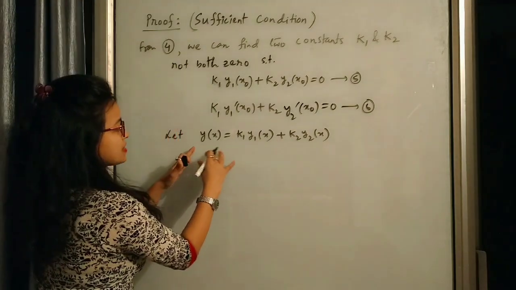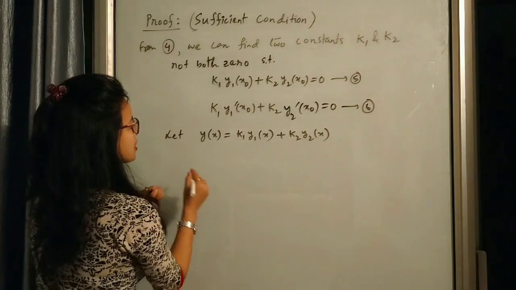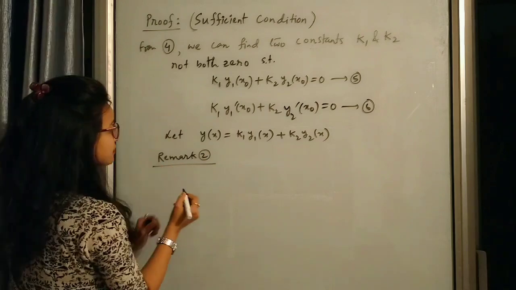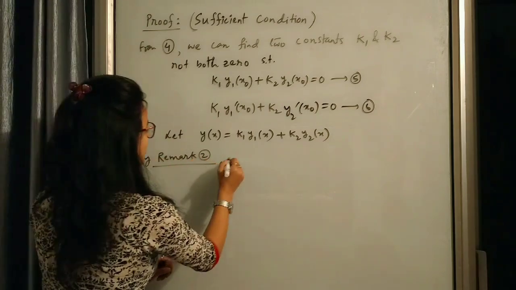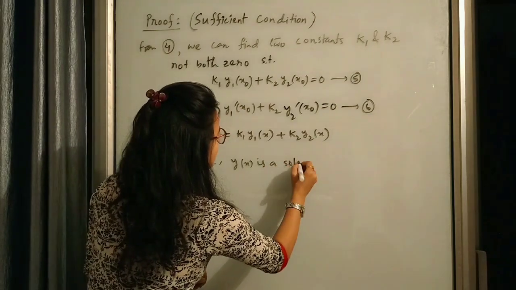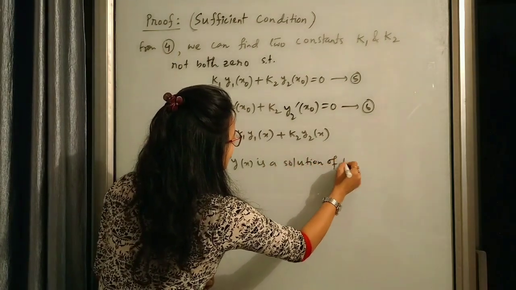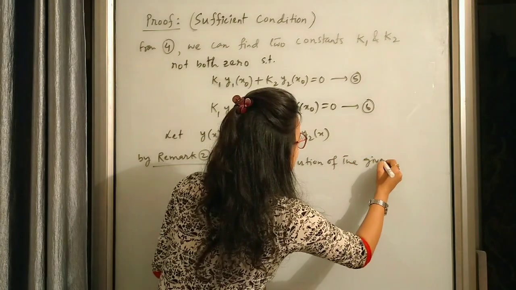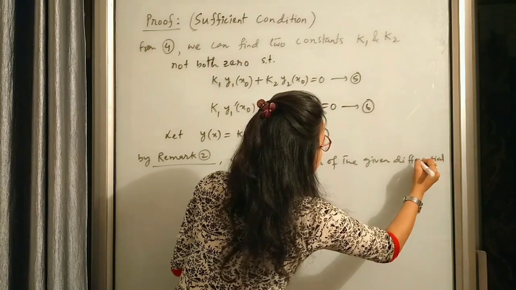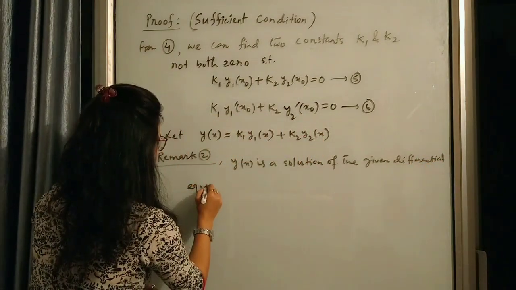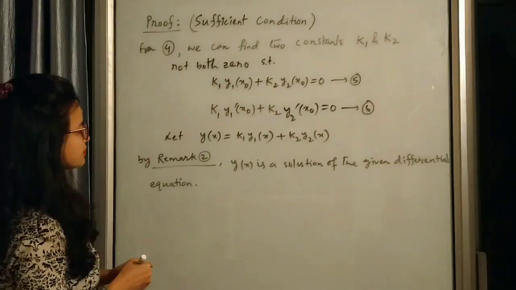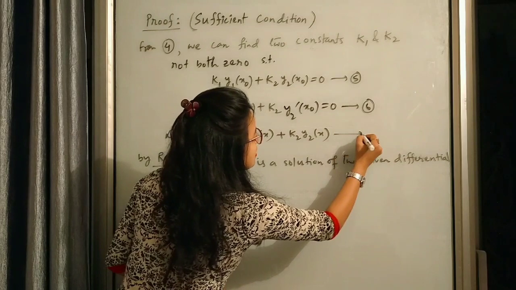As y(x) is the linear combination of these two solutions, so by remark 2, y(x) is a solution of the given differential equation. Say this equation is number 7.